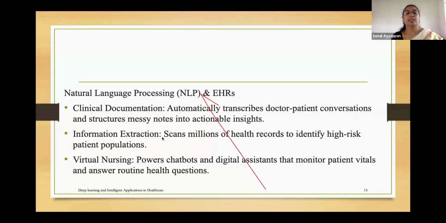Even in virtual nursing, this is being done. It monitors patient vitals and answers routine health questions. The conversational AI agents help monitor chronic patients at home, providing a continuous feedback loop and answering routine medical questions to prevent unnecessary hospital readmissions.